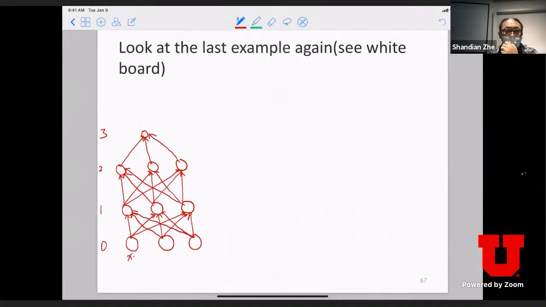So this is x0, x1, and x2. So this is z01, z02. Oh, sorry. Z11 and z21, Z02, Z12, Z22, and finally we got Y, right? Of course, the Y is fed into a loss. It can be denoted by a virtual node.